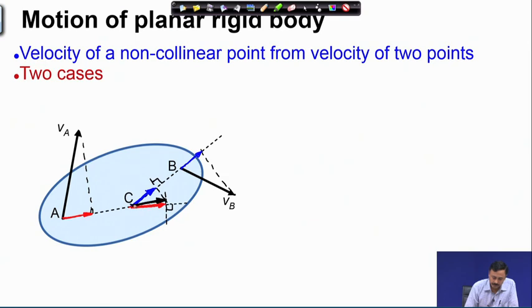Why must it be this? Because its projection along CB is the blue vector, as you can see very easily, and its projection along AC is the red vector, as you can see. So, this black vector must be the velocity of point C.